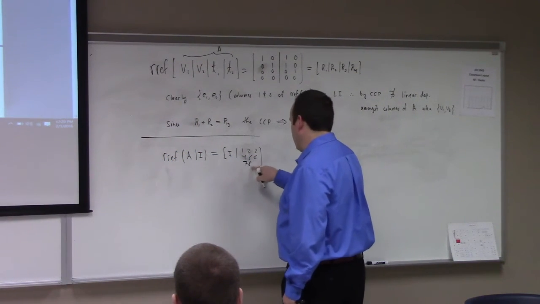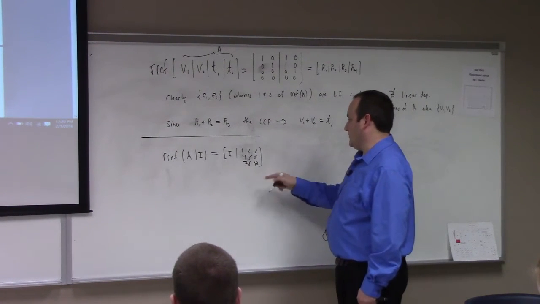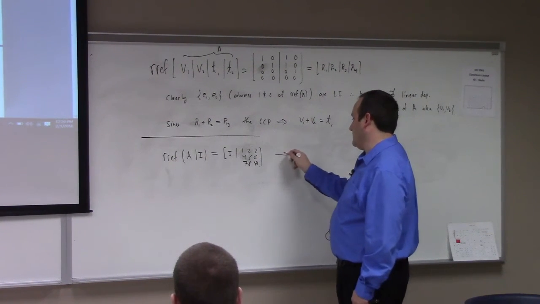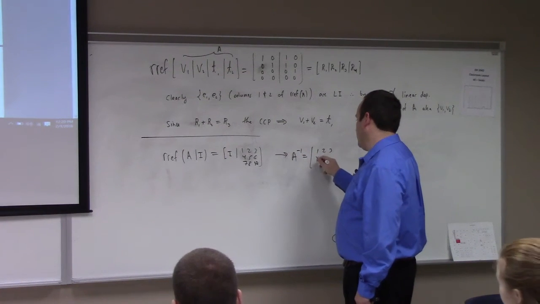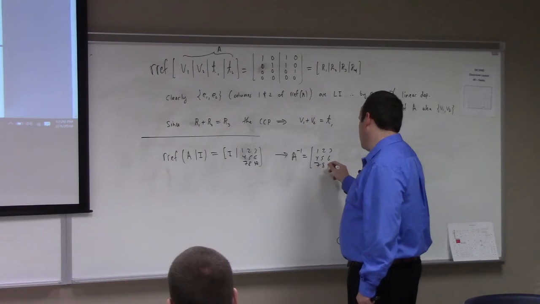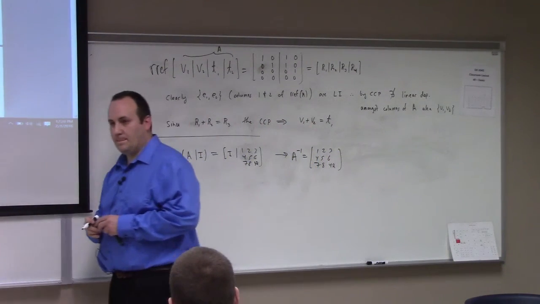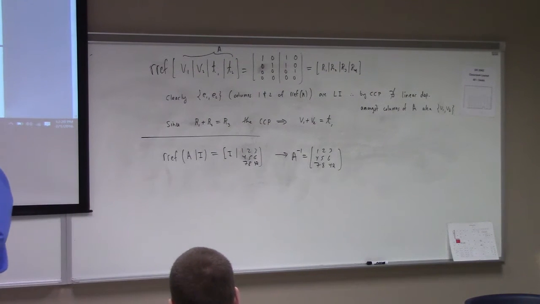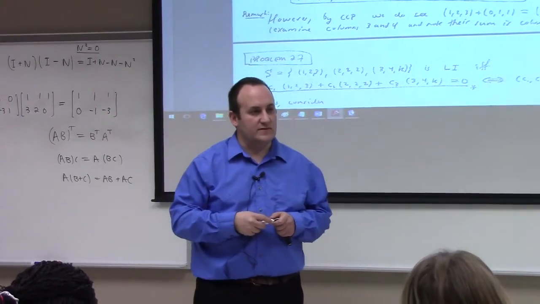I'll make this a 42 just for good measure. There we go. So without further calculation, I can tell you that A inverse is what? It's 1, 2, 3, 4, 5, 6, 7, 8, 42. Because of the theory we've worked out. So a typical place where I say something like that is a place where I want you to use the theorems that we've developed, not to go back and try to solve equations explicitly.